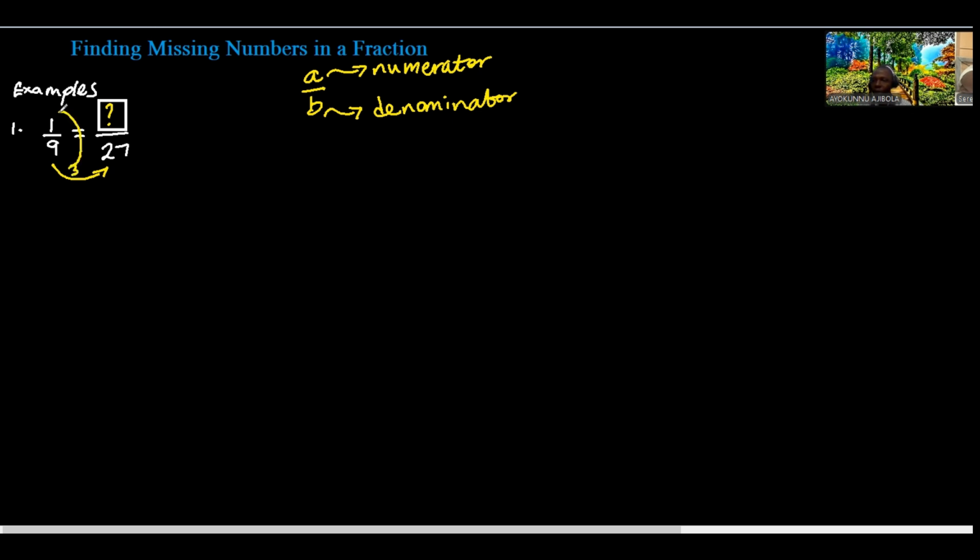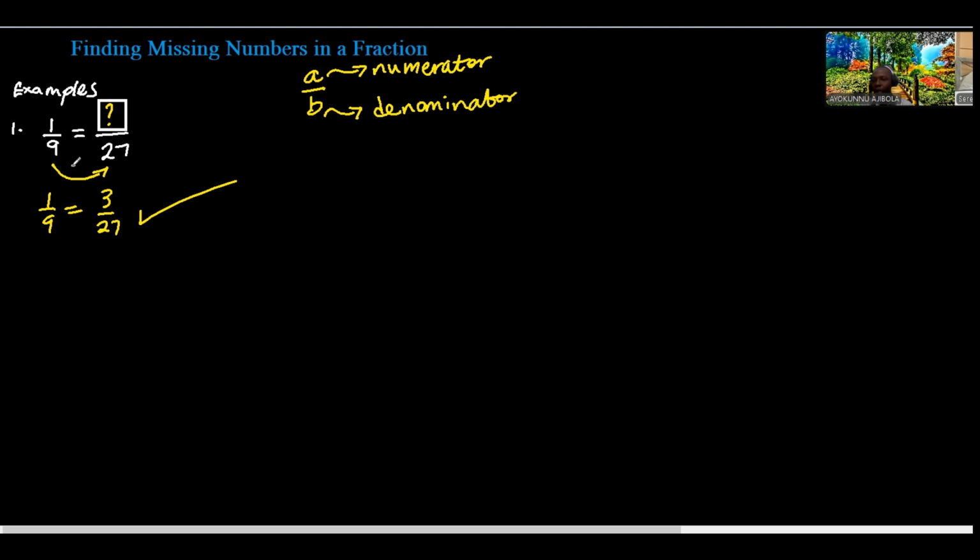So if 9 times 3 gives us 27, so we have 3. Then 3 times the 1 at the top. What's 3 times 1? 3 times 1 is 3. So the answer should be 1 over 9 equal to 3 over 27. Is that clear now? Yes.